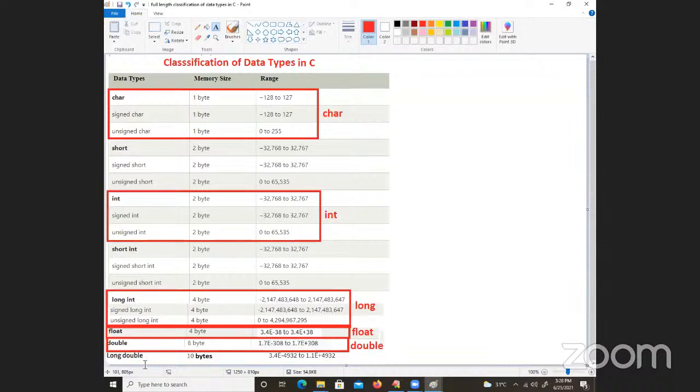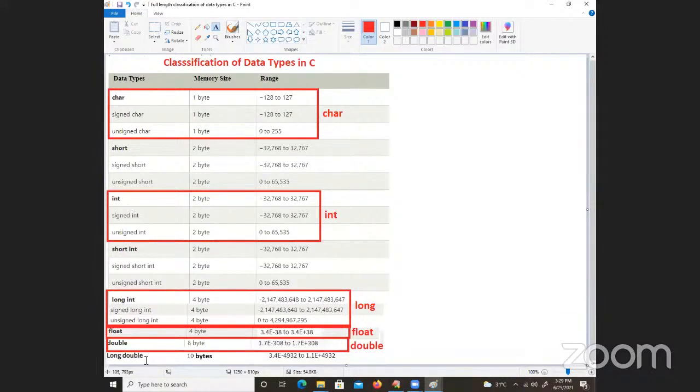Long double is there. That is 10 bytes. Not like that, I took this chart from the Dennis Ritchie, Ken Thompson manuals. Short int is a part of int only.